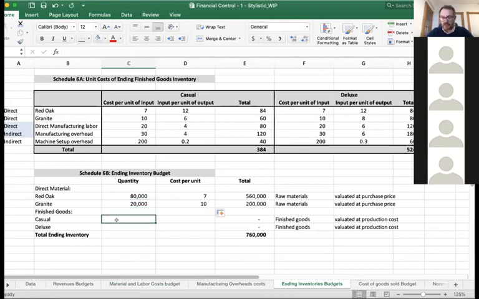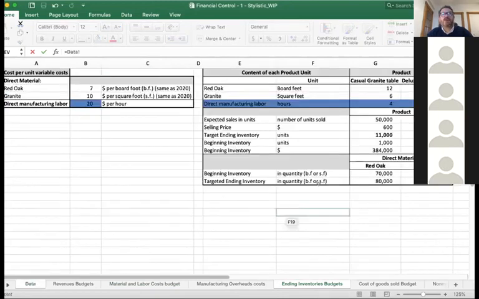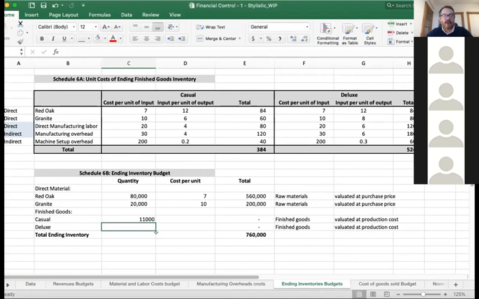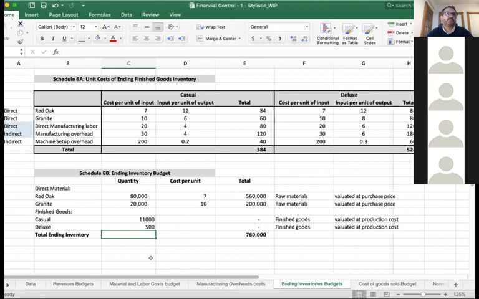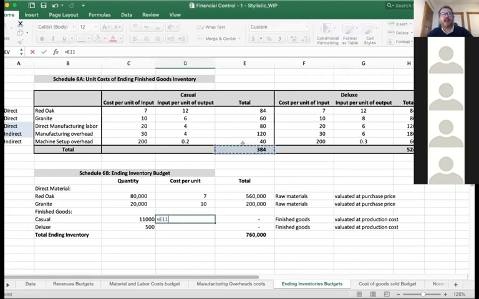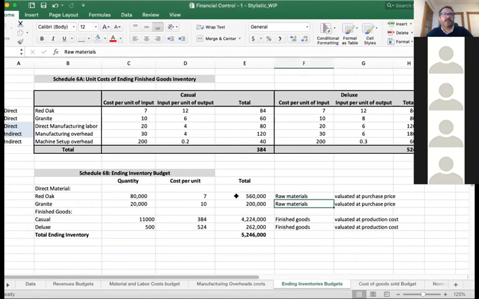And for the casual, so finished goods, we have here the targeted ending inventory of 11,000, and for the deluxe, we targeted to have 500. And the cost, we just determined it, right? So this is what we have.